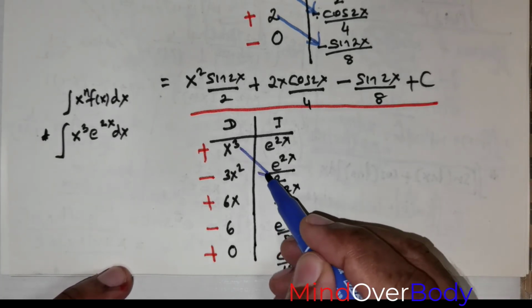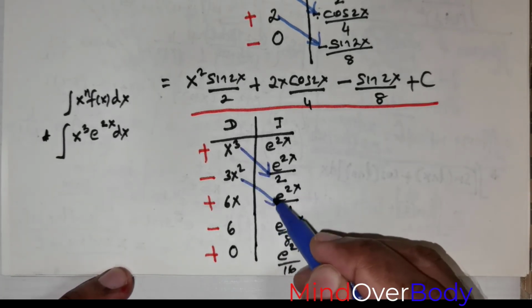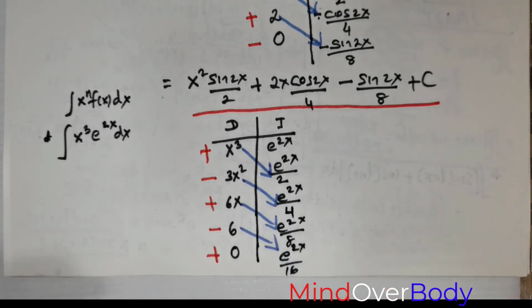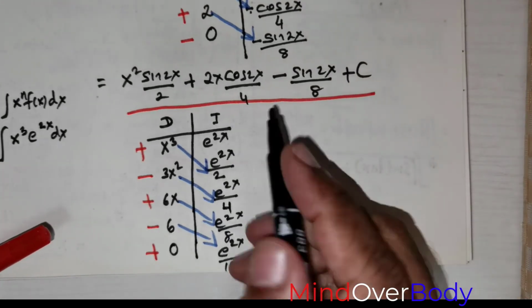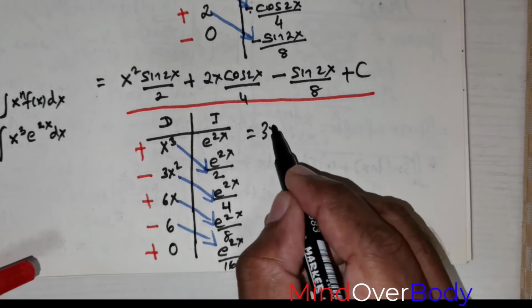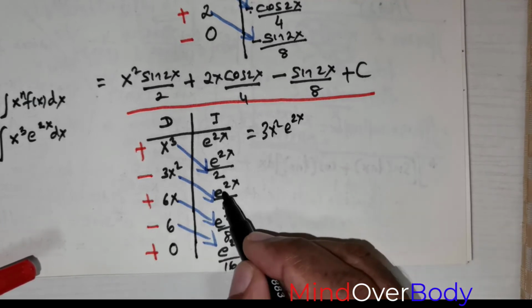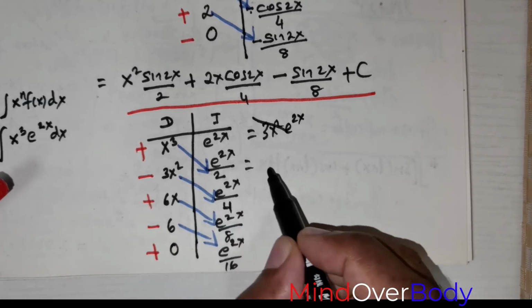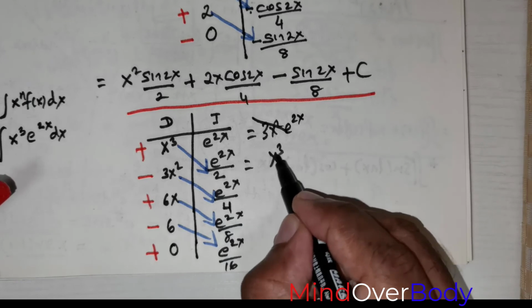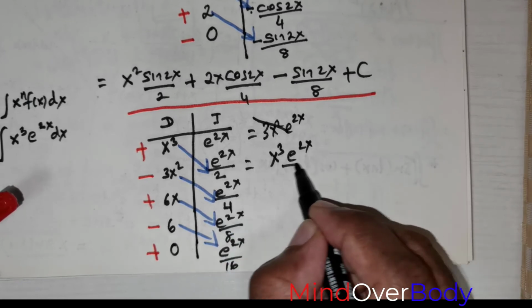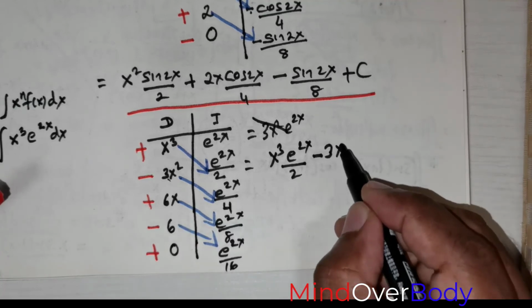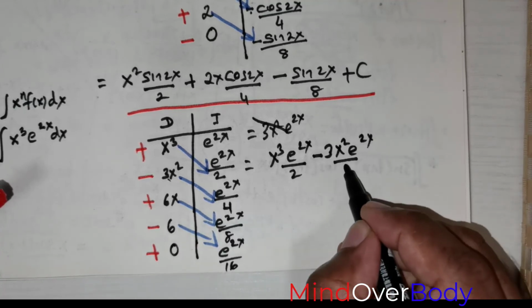x cubed goes with this term, 3x squared goes with this term, 6x goes with this term, and 6 goes with this term. If I were to write them down, I should start with x cubed. So this is equal to x cubed times e raised to the power of 2x over 2, and then I have a negative sign, so 3x squared times e raised to the power of 2x over 4.